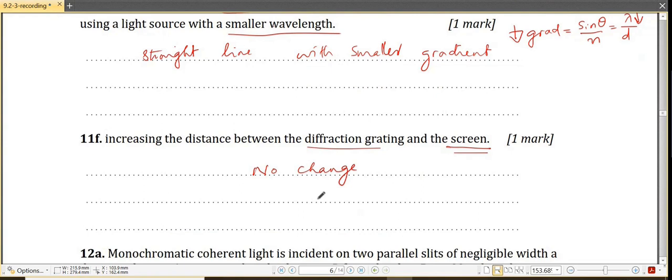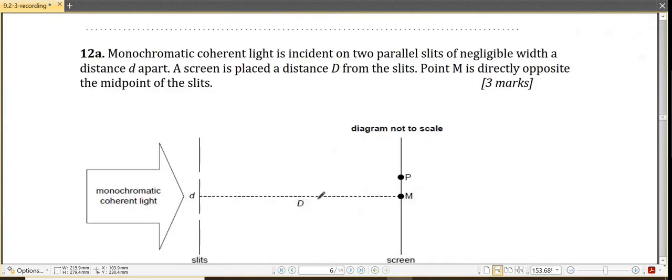Now, let's look into question number 12. So we have monochromatic coherent light. Monochromatic means light of single wavelength. Coherent means light waves that are in phase or have constant phase difference. So monochromatic coherent light is incident on two parallel slits of negligible width, a distance d apart.